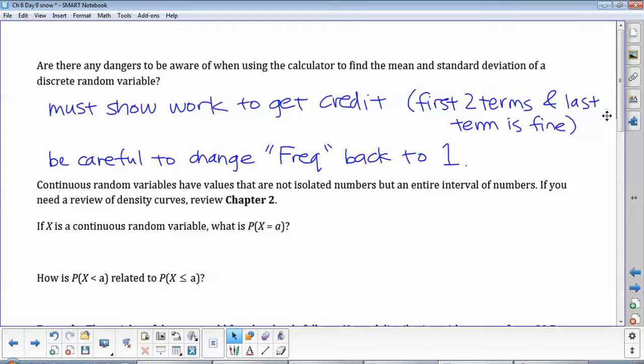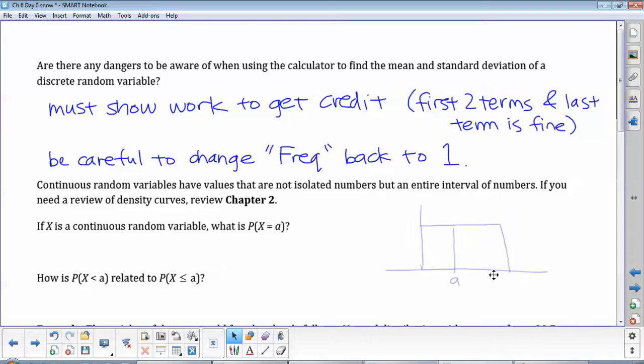All right, and really briefly about continuous random variables. We talked more about continuous random variables in Chapter 2, although we didn't call it that. We called them density curves. And just a quick few things to remind you before we do our last example. If x is a continuous random variable, what is the probability that x is exactly equal to a?